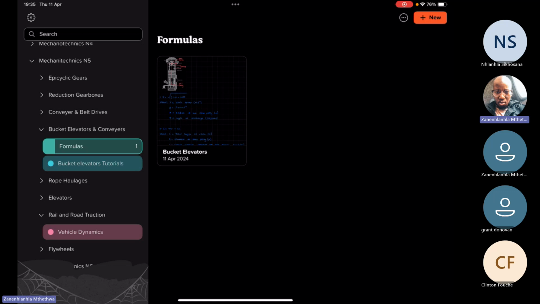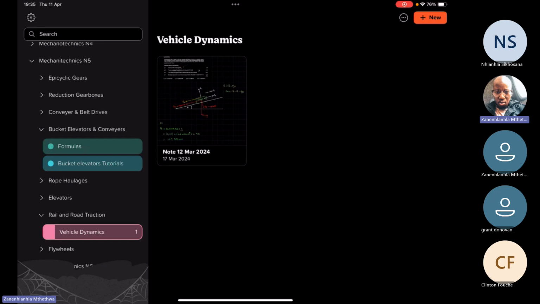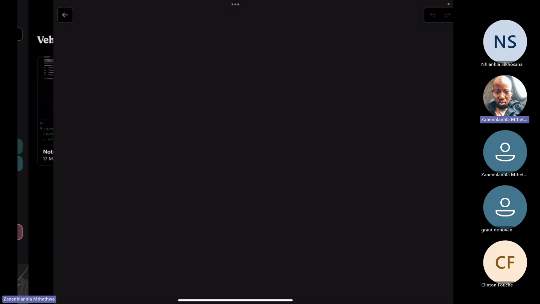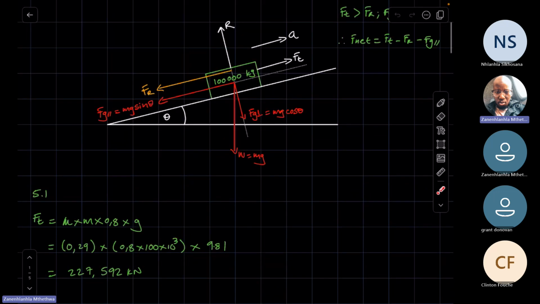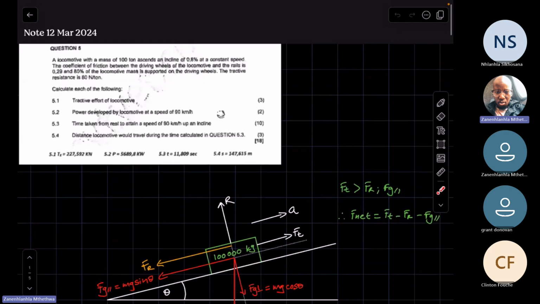All right. Any questions before we move on to vehicle dynamics? No questions? Okay, let's look at vehicle dynamics. For vehicle dynamics, we do not necessarily have notes.